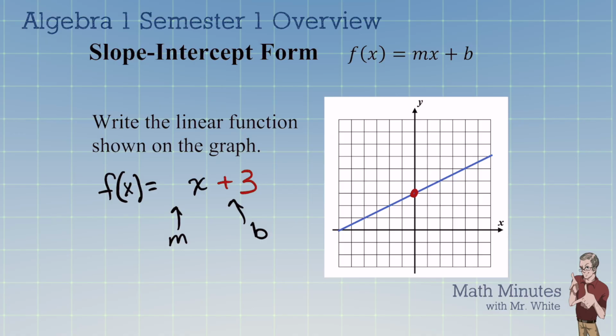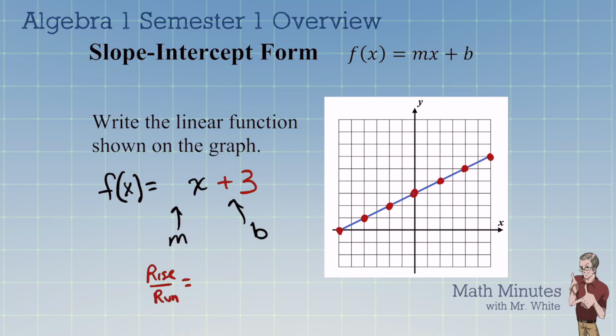Now, what is the angle of this line? Now, we don't use angles in algebra. We use slope. So give me a rise over run fraction. So I've got one dot. Let's find another dot. Well, I see one here. I see one here. I see one here. I tried to make sure this line lined up well with a couple different dots, and you can see that it does.